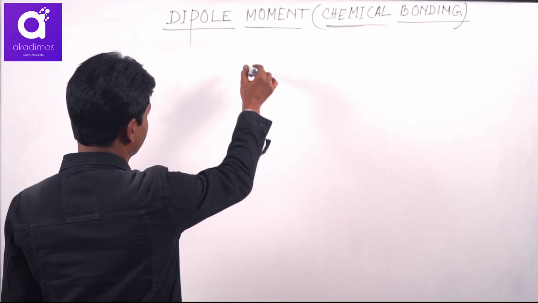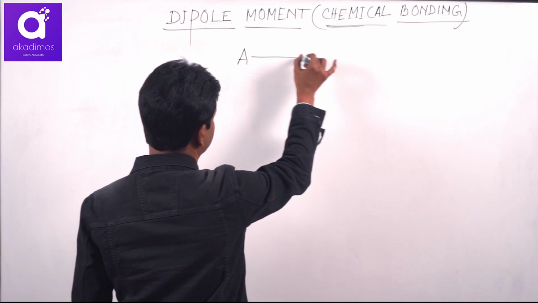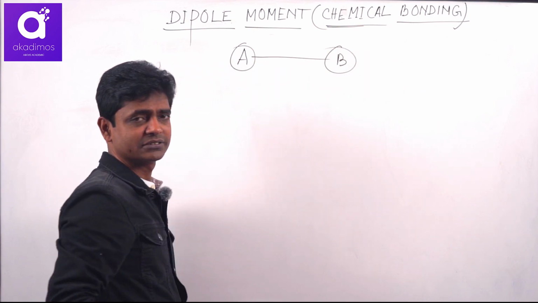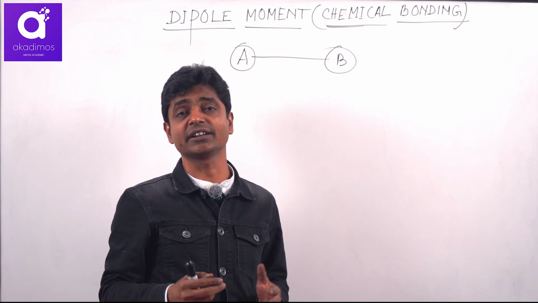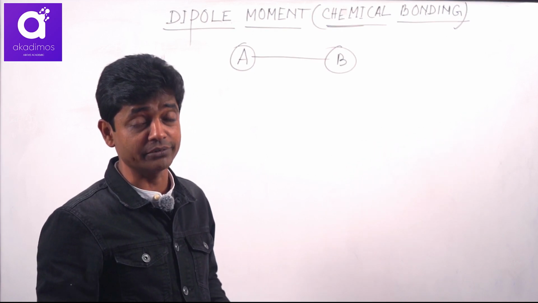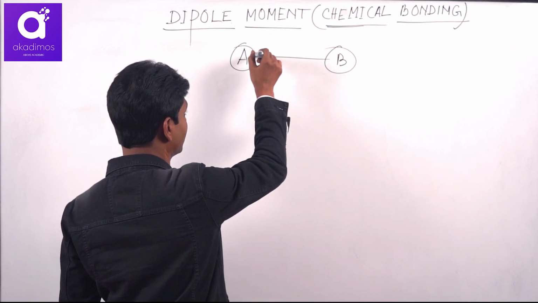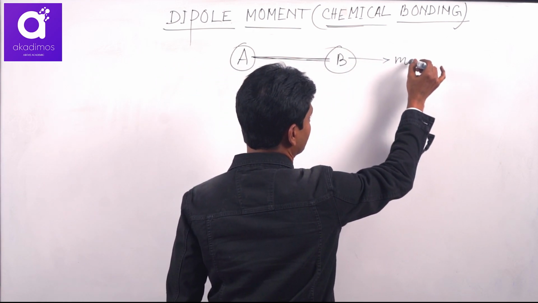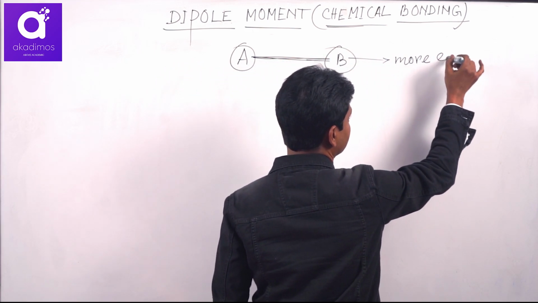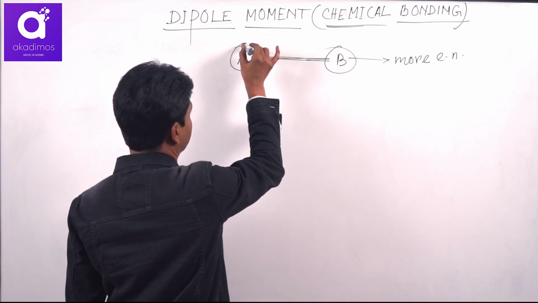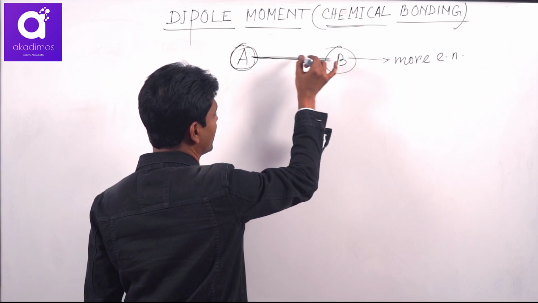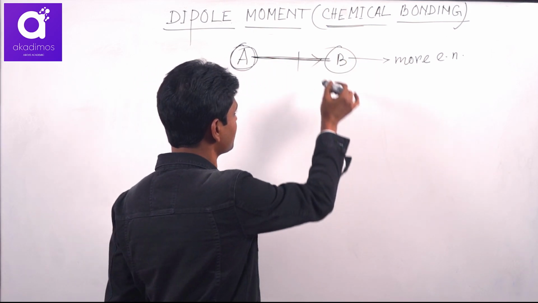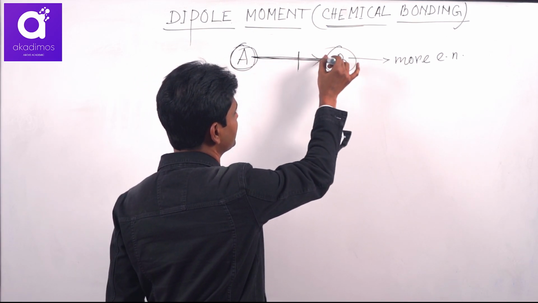See, I am taking A bonded with B. Since A and B atoms are different, their nuclear charge must be different, and their electronegativity is different. Say B is more electronegative than A. Then the electron cloud will polarize from A towards B, by which the formal charge is not zero; it is not purely covalent.